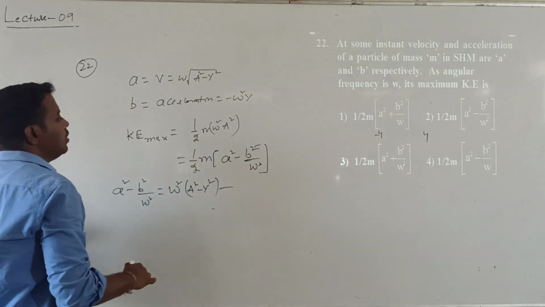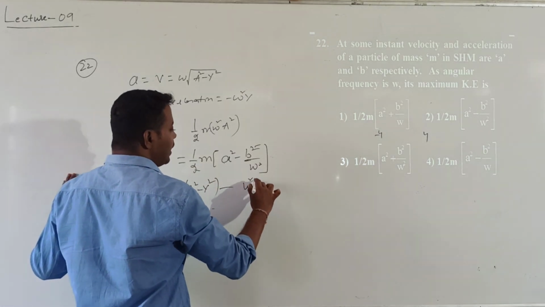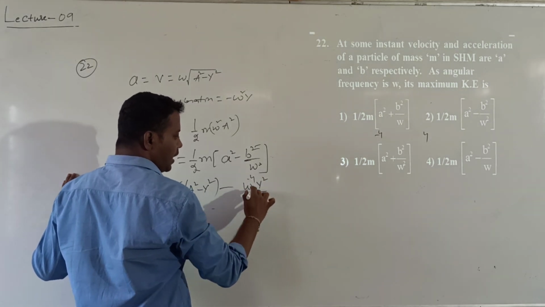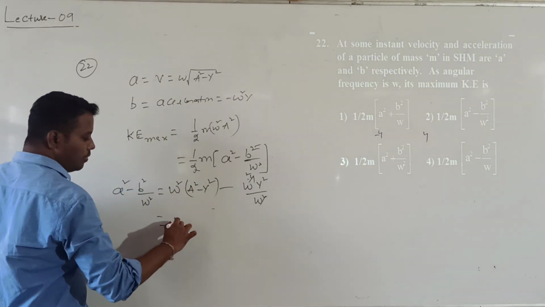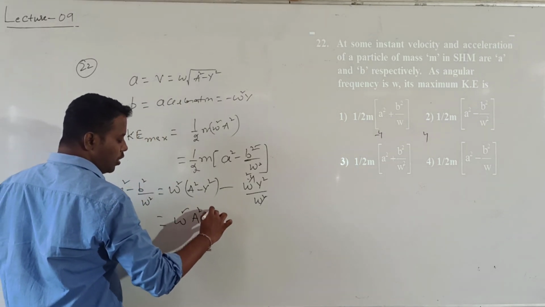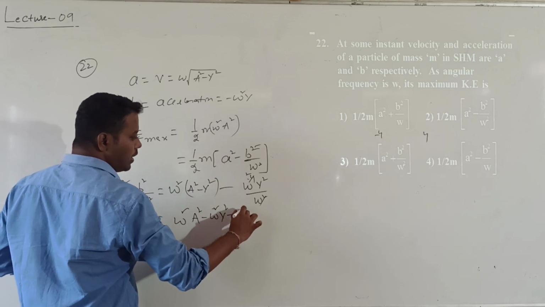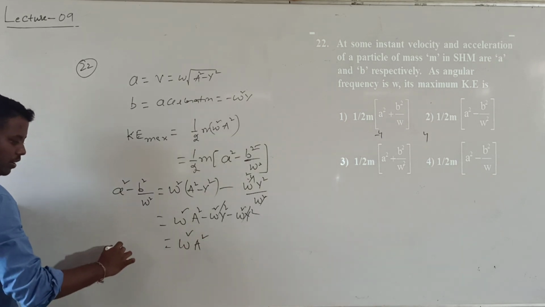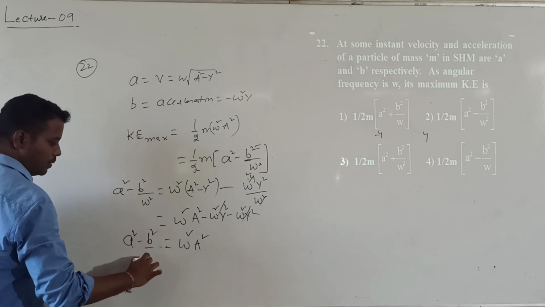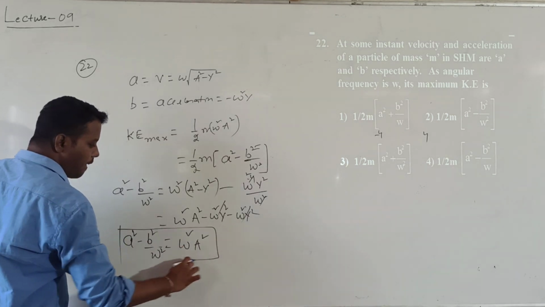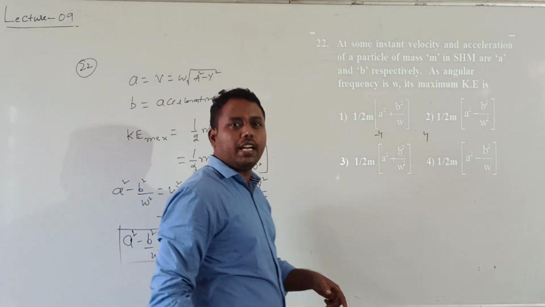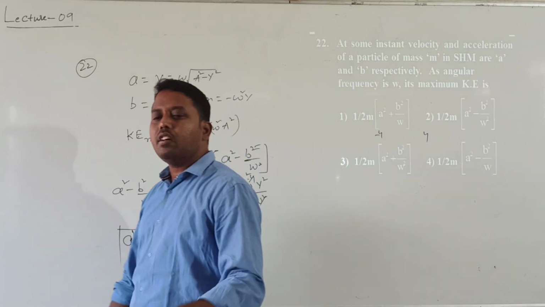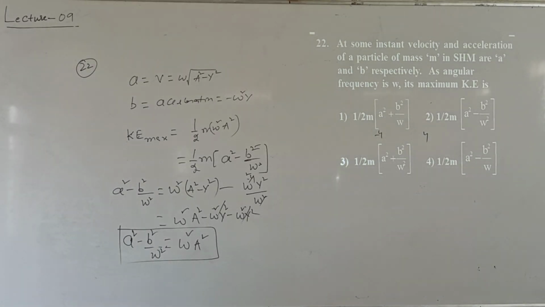Minus b square value, which is omega power 4 into y square by omega square. Omega square cancels. So what is left? Omega square into a square minus omega square into y square minus omega square into y square cancel, which is equal to omega square into a square. That is the value of a square minus b square by omega square. Okay? Therefore, the maximum kinetic energy will be given by 1 by 2 into m into a square minus b square by omega square. So this is question number 20.